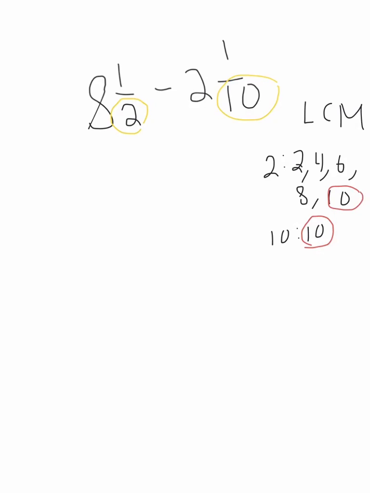But the 8 1/2 does. How do I make 2 into 10? Well, I can count. 2 times 1 is 2, 2 times 2 is 4, 2 times 3 is 6, 2 times 4 is 8, 2 times 5 is 10.